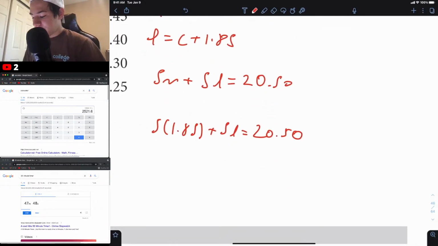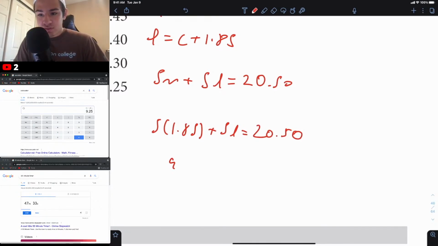Let's see what 5 times 1.85 is in the calculator. It's 9.25, and then I'm going to do 20.50 minus that.